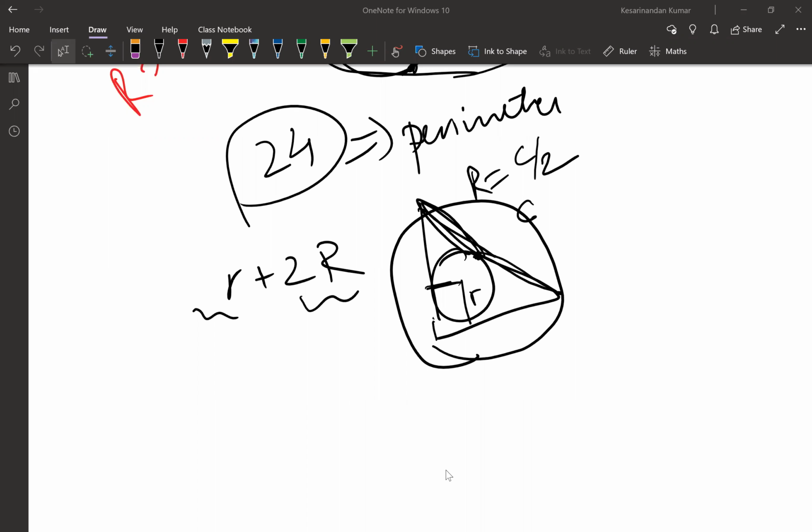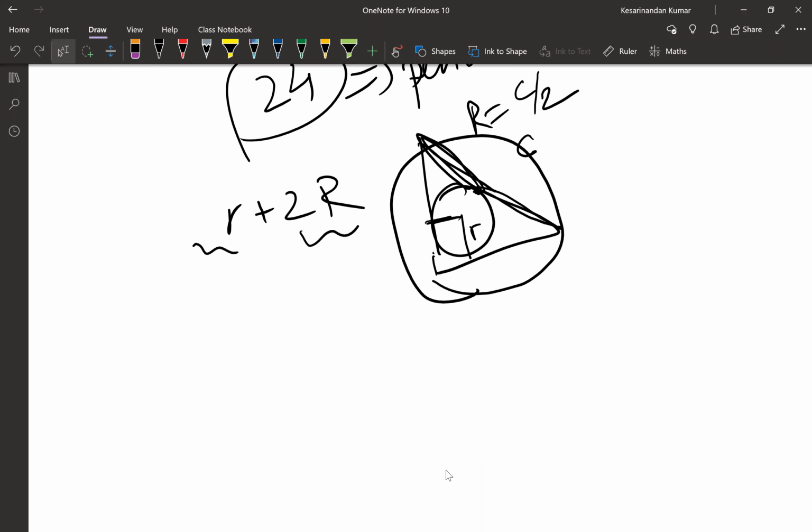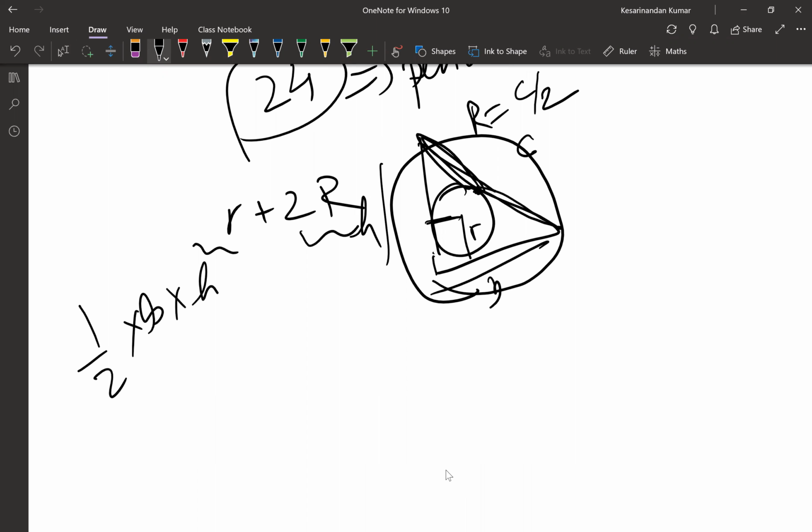Okay, I'll give you one more approach, guys, and that is quite related to the area part, and you will fit such questions. So what is the total area of this triangle, guys? Half into length into height, breadth into height. This is the height, this is the breadth, so the area would be half into breadth into height.